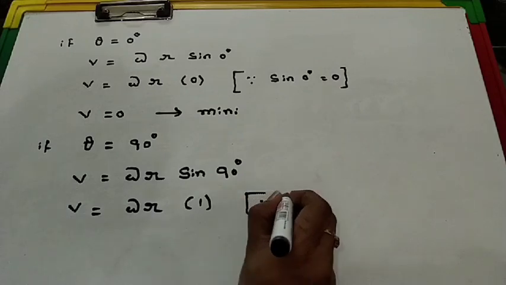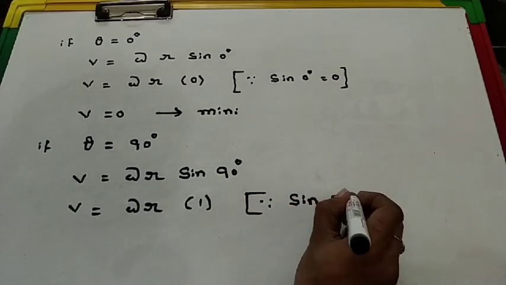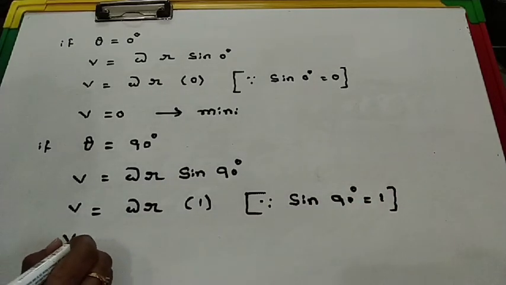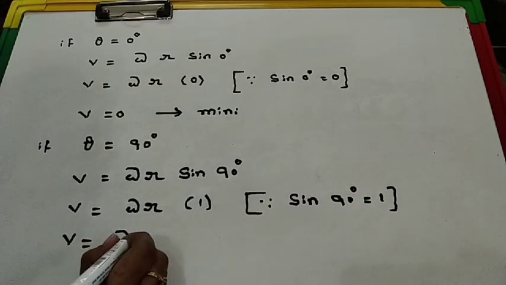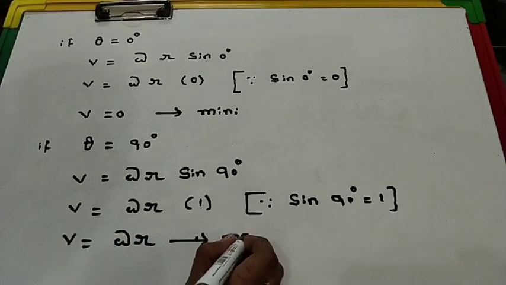Since sine 90 degrees is equal to 1, V is equal to omega r, that is maximum.